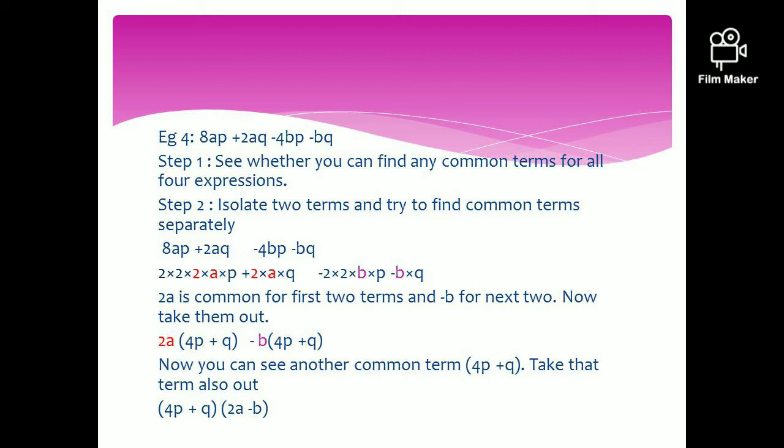If you take these terms out, it turns into 2a times of 4p plus q minus b times of 4p plus q. Again, 4p plus q becomes common. If you take 4p plus q out, the expression turns into brackets 4p plus q times of 2a minus b.